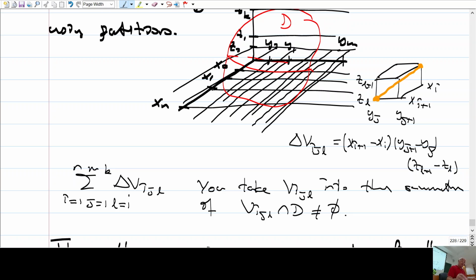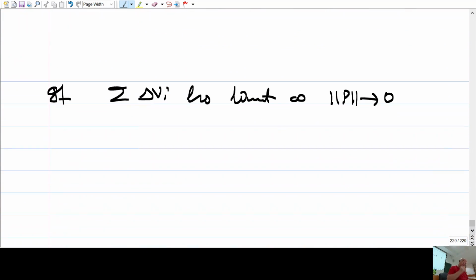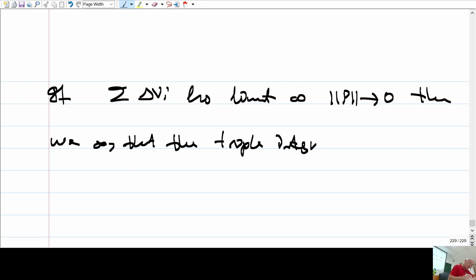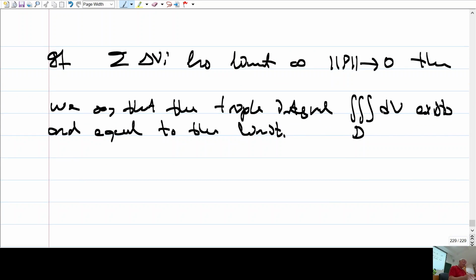If these summations approach a number as the norm of the partition goes to 0, then we say that the triple integral of dV over D exists and equals the limit. That is the integral of 1.